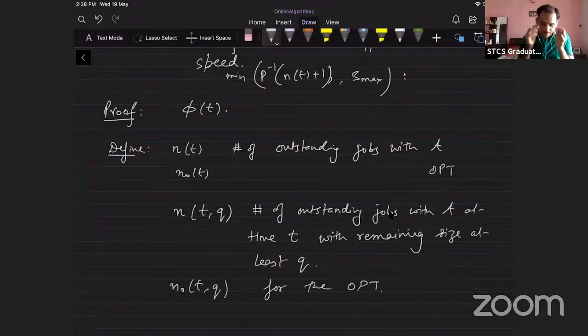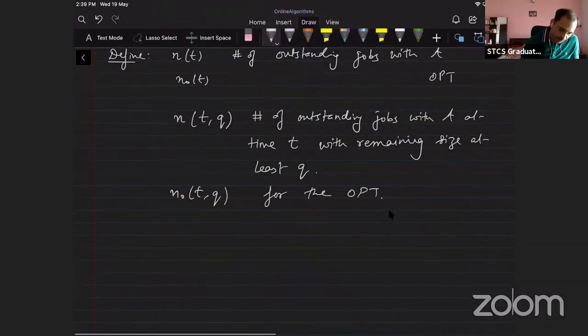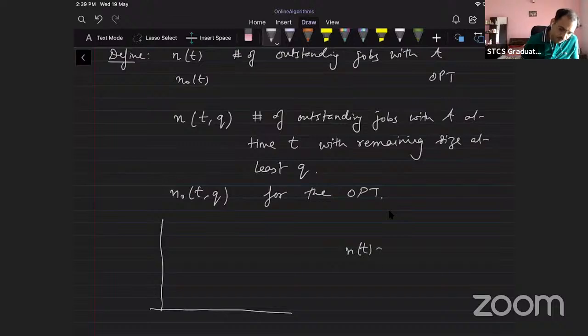Is n of t comma q clear? So n of t is just the number of outstanding jobs with the algorithm. N of t comma q is the number of outstanding jobs with the algorithm at time t with remaining size at least q. So let's look at a picture. Suppose n of t is 4. And the y-axis here depicts the remaining size of these 4 jobs.